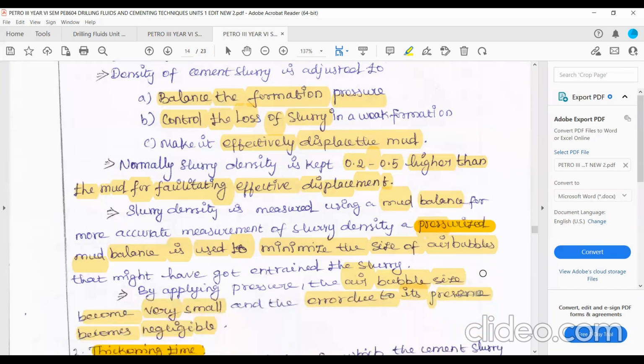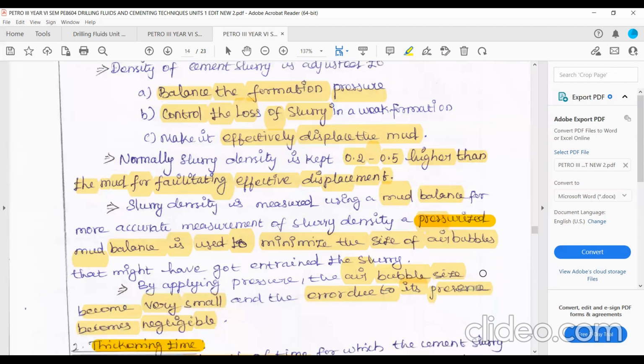Slurry density is measured with the help of a mud balance. We have seen the mud balance in the last sessions, and it will be easy for you to relate to what a mud balance is.